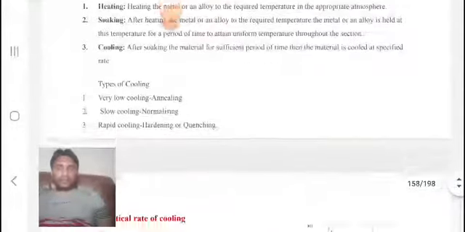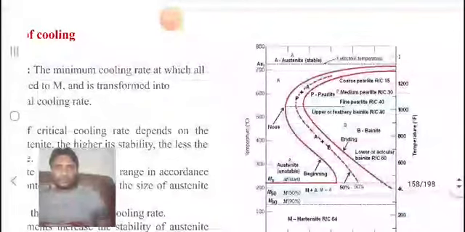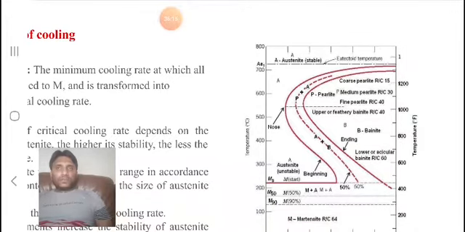If we see here, this is the nose, the first curve, and the middle curve is the dotted curve, which represents the presence of austenite plus perlite above the nose, and the presence of austenite plus bainite below the nose region.